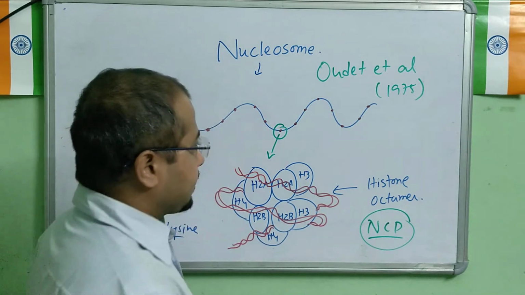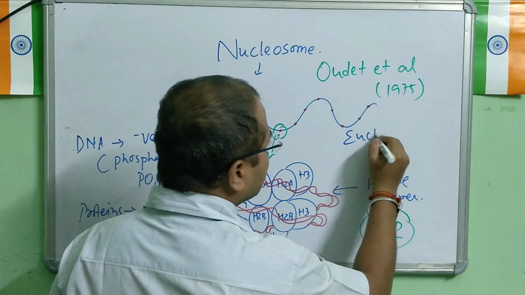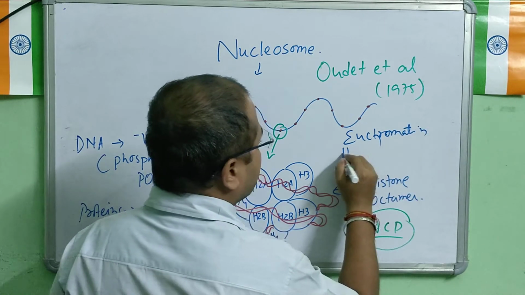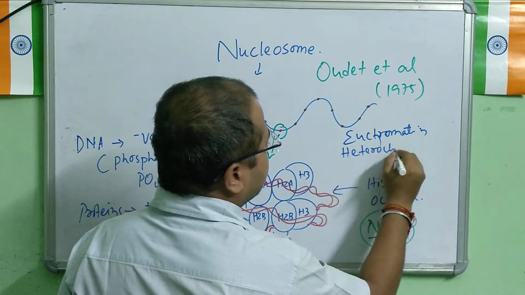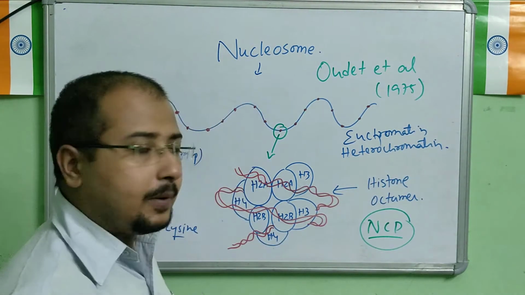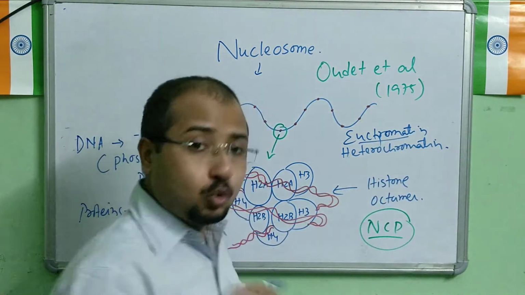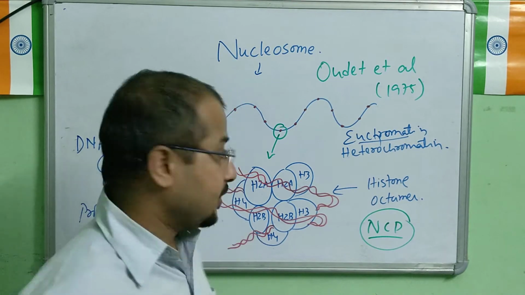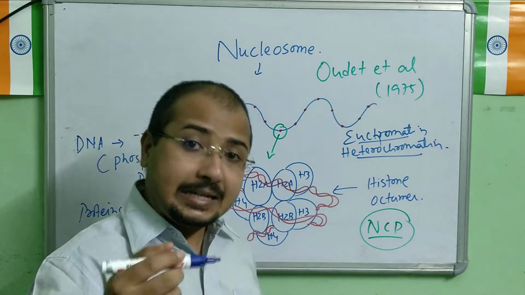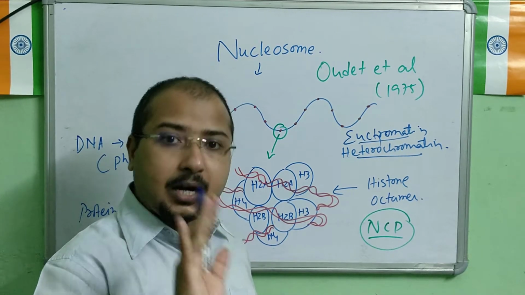So two concepts. One is euchromatin, another is heterochromatin. Euchromatin is the part of the chromosome which is loosely packed and stains light. Heterochromatin is the part which is densely packed and stains dark.